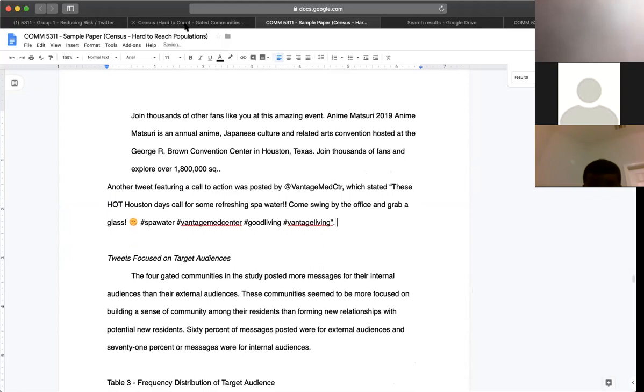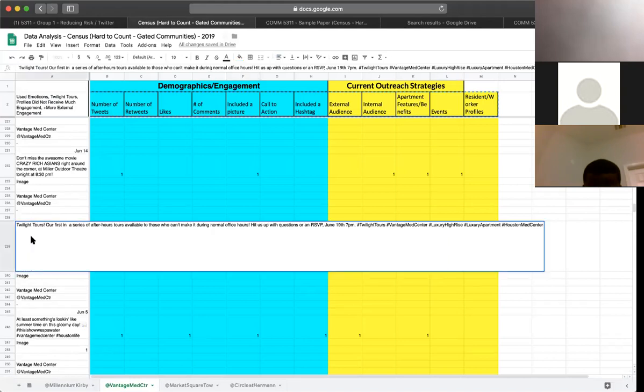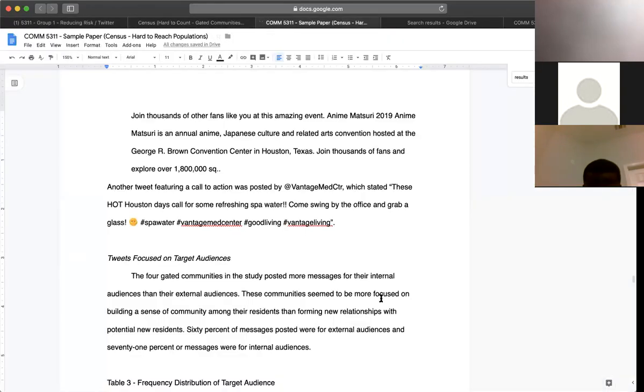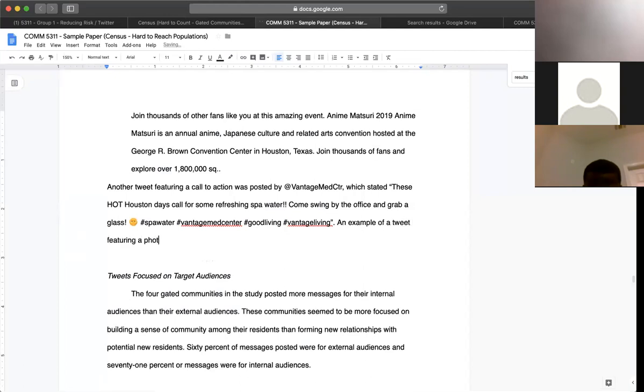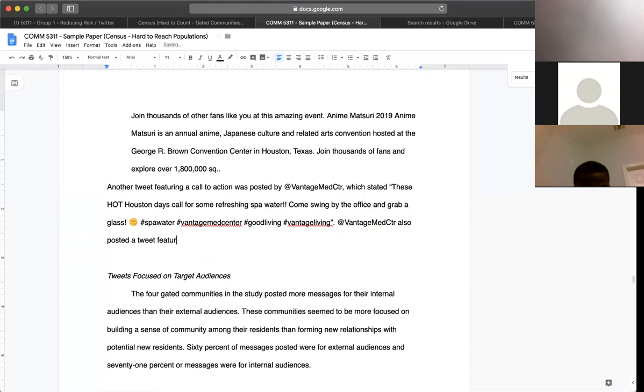But what I could do, let's see. If I go to photo or picture, this one is from Vantage Med Center. Whoops, wrong one, guys. An example of a tweet featuring a photo was from Vantage Med Center, which also posted a tweet featuring a photo.